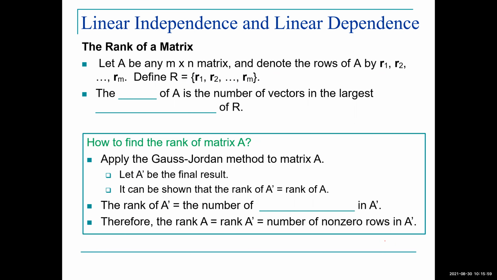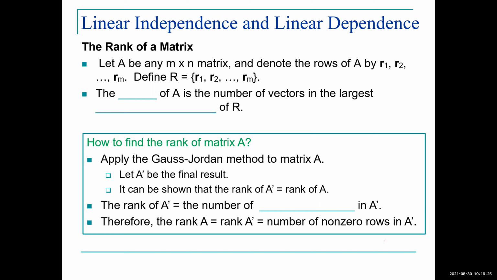The rank of a matrix, another important concept. Let A be any m by n matrix, and denote the rows of A by R1, R2, up to Rm. So in this case, we have this matrix A that we are using for our system, and we have m rows.